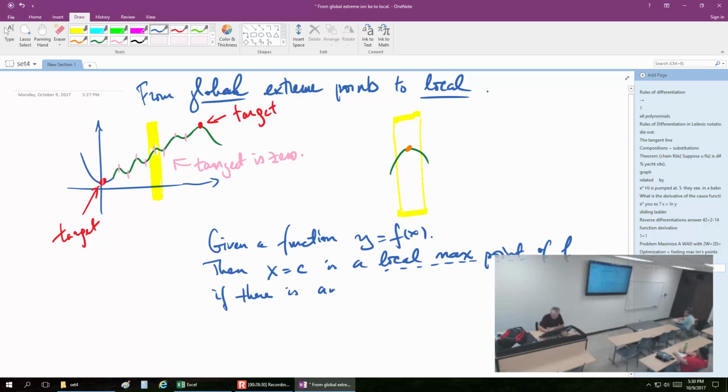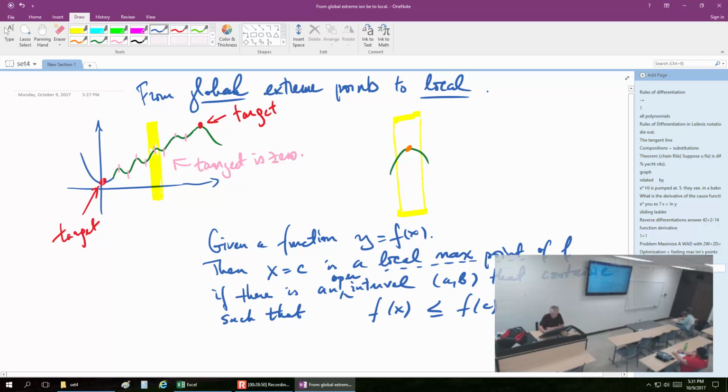There is an interval (a, b), an open interval that contains c, such that we have the same inequality, f of x less than or equal to f of c, for all x in this interval.